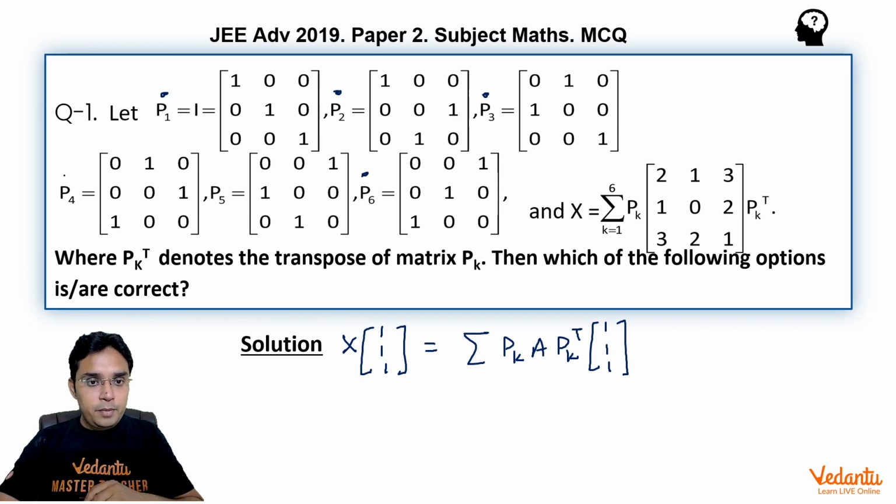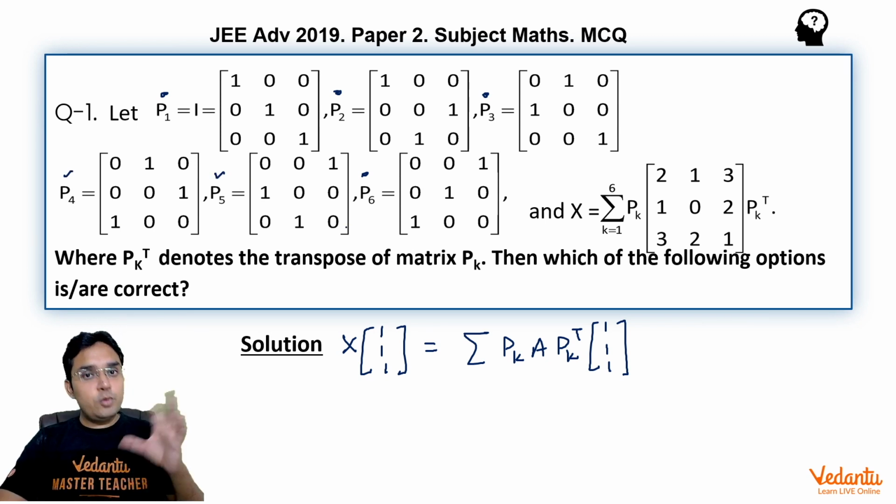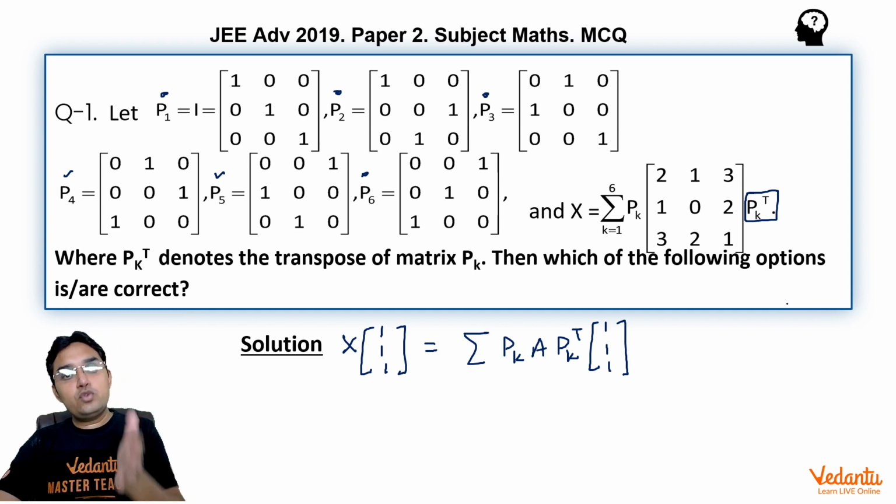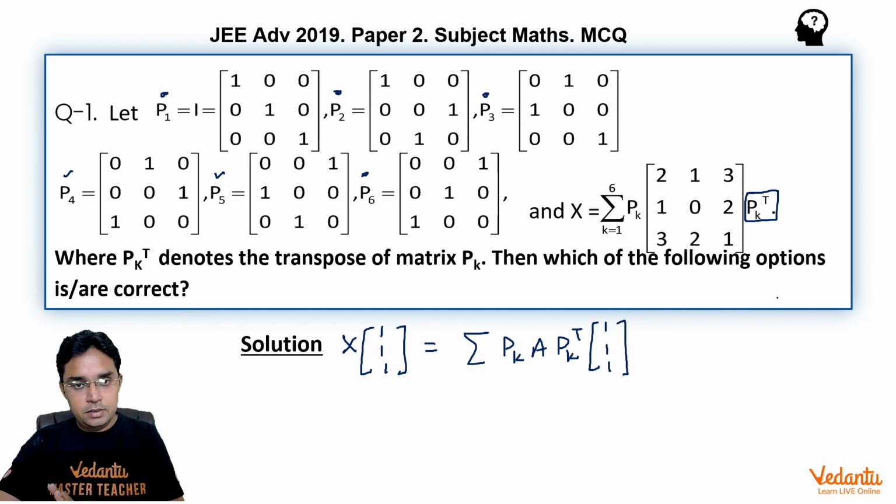And P4 and P5 are such that they are transposes of each other. Which means if I consider this Pk transpose, it will give us all these matrices P1 to P6 only, maybe in some different arrangement.